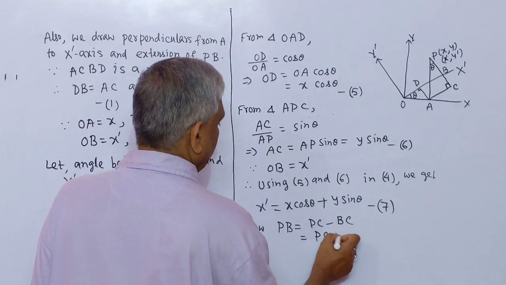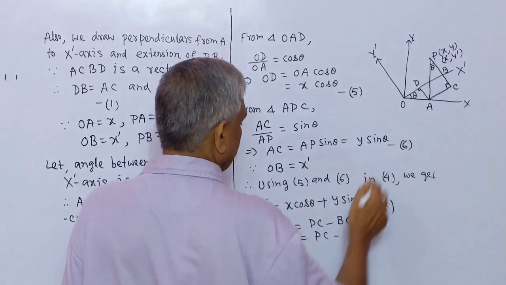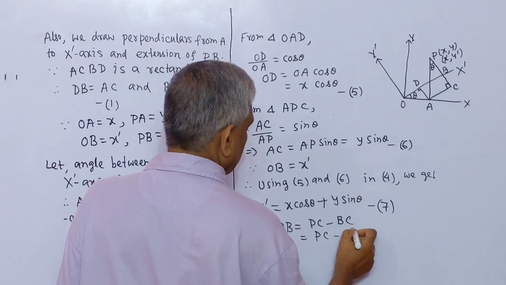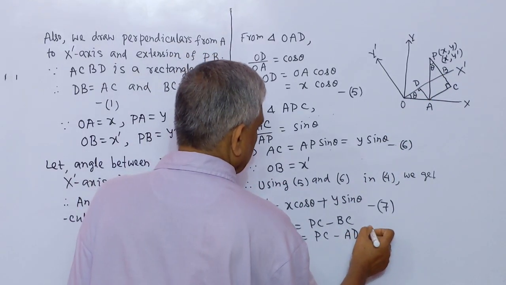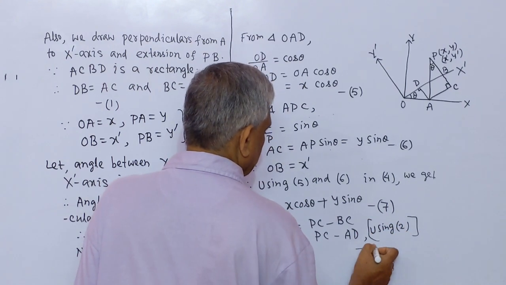PC minus BC equal to AD. BC equal to AD, using 2. This is number 8.